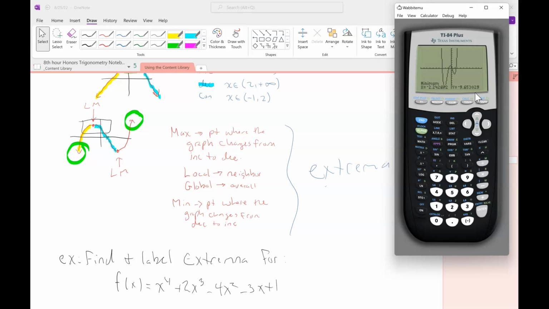If I just ask for the max and min, you give me as many decimal points as your calculator spits out, unless I tell you to round to 3 or 4 decimal places, which is often what I'll do. Why would I do that? To make sure you're using the maximum minimum commands and not just the trace function on your calculator. It makes it easier for me to test that you can use your calculator.